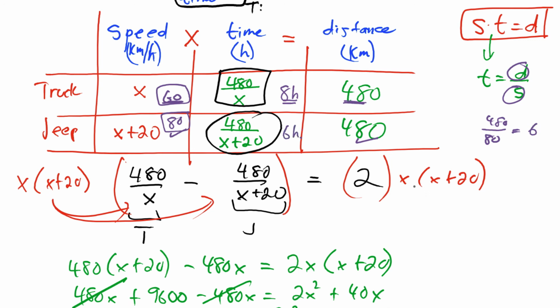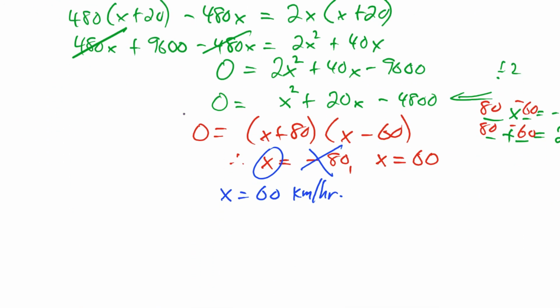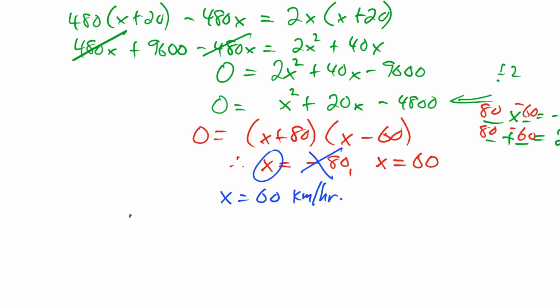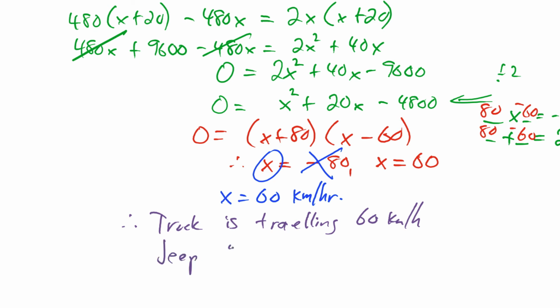And we can see from our chart that in fact the Jeep spent 2 hours less traveling than the truck because the Jeep was going faster, specifically 20 kilometers per hour faster than the truck. And so we have the right information here. So therefore, our truck is traveling 60 kilometers per hour and the Jeep is traveling 80 kilometers per hour.